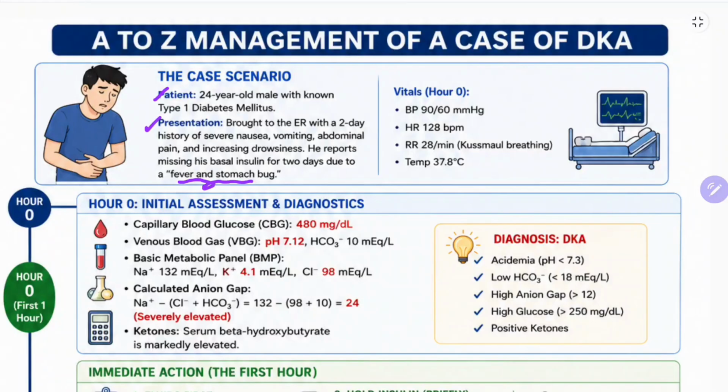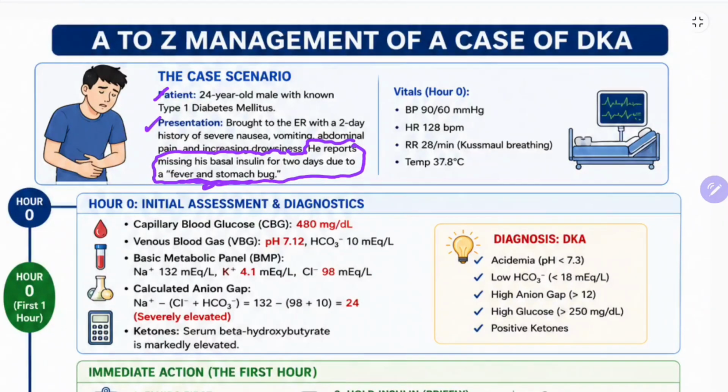Even if he is not taking oral intake, even if he is having diarrhea, vomiting, anything, he may stop his meal boluses, but he should not stop his basal insulin. The same thing has happened here. This patient may be thinking that he is having vomiting and diarrhea, and if he takes insulin he will develop hypoglycemia, so he missed the basal insulin for 2 days because of that thinking, and he developed DKA now.